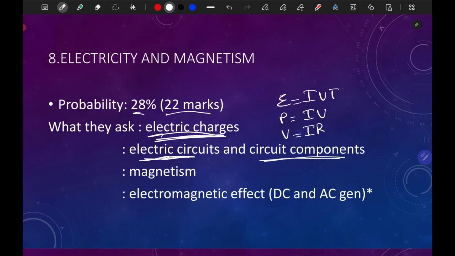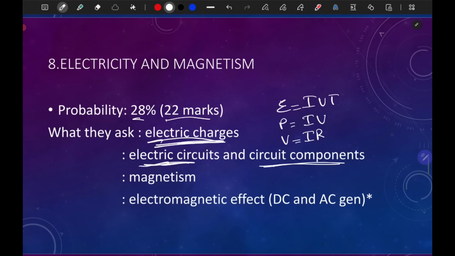And also make sure you understand magnetism and how magnets work. And the one I've seen so many times is magnetic effect. This time it's usually DC and AC generators or motors.